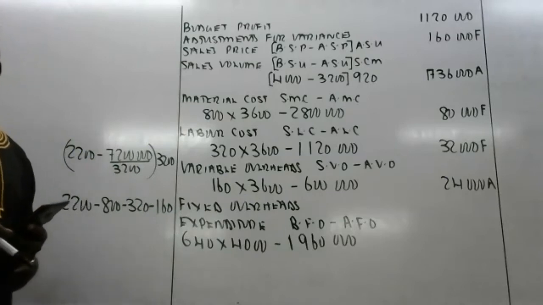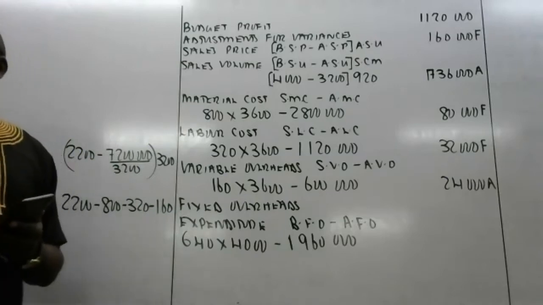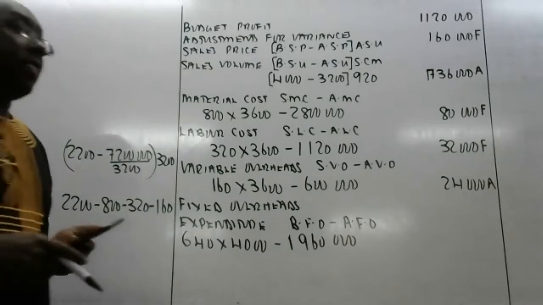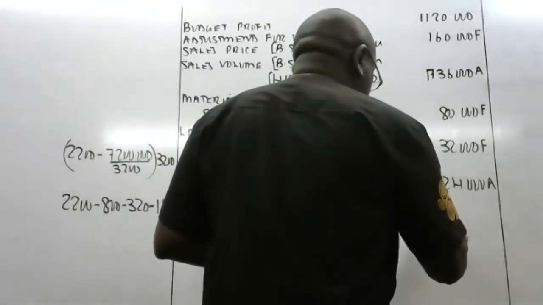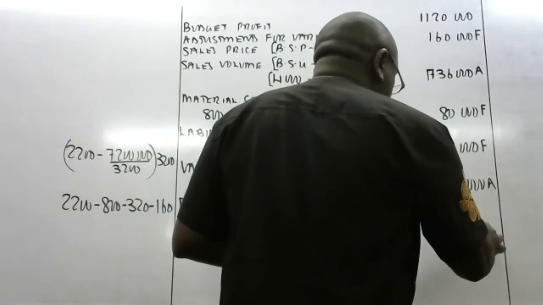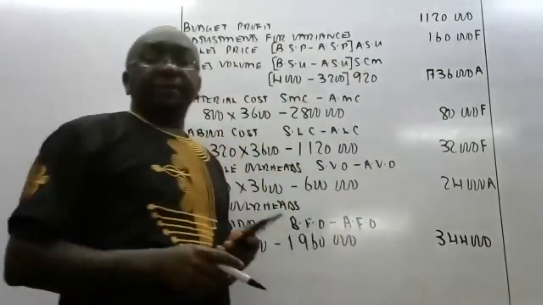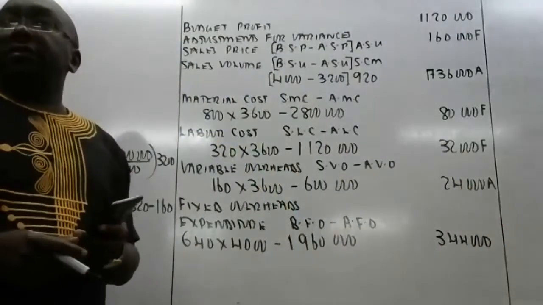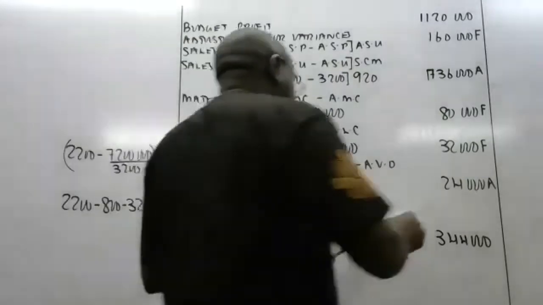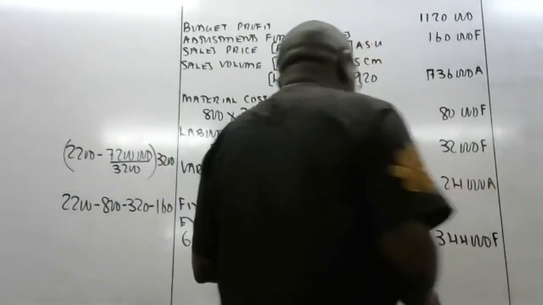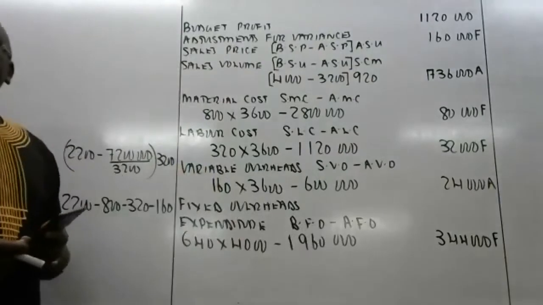So that gives us 344,000. Favorable or adverse? It's positive. So if it's positive, that means it's favorable. The actual was smaller.